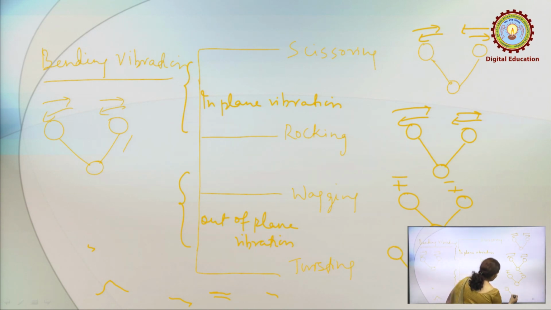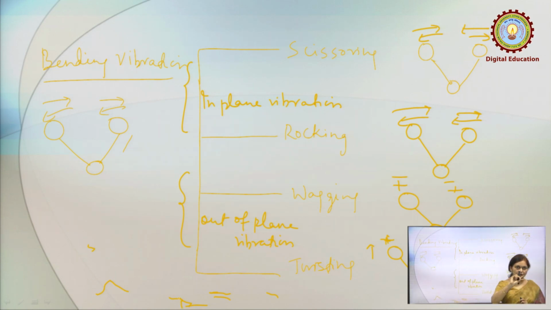Same central atom attached with the two adjacent atoms. In this case, if one atom moves above the plane, the other atom moves below the plane. Either the first atom moves above the plane, then the other atom below the plane, so this type of vibration is like a twist: one moves above and the other moves below the plane.